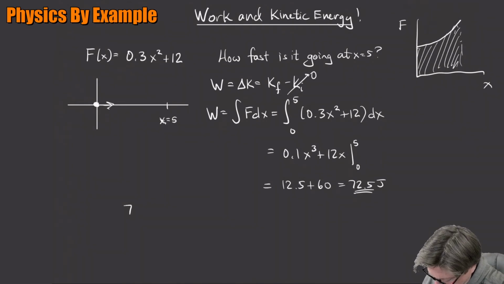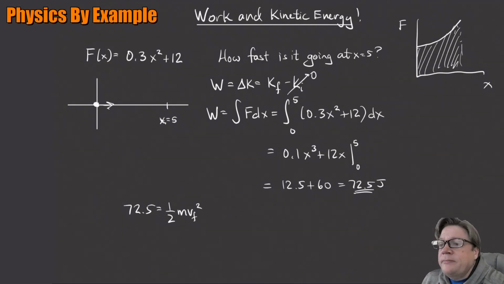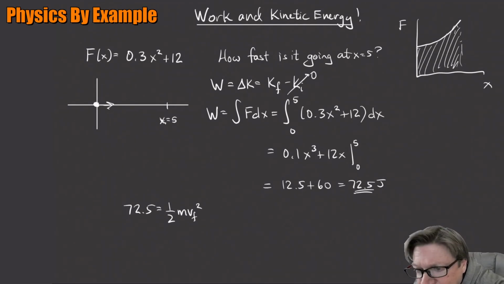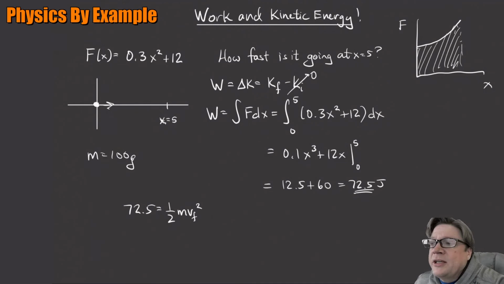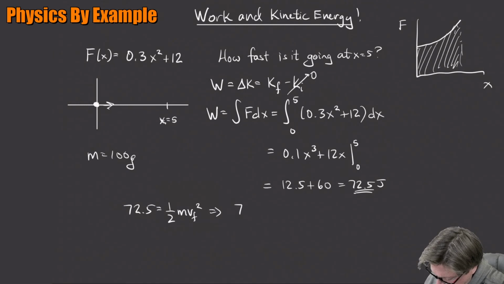So 72.5 is equal to 1/2 m v final squared. Oh, I didn't tell you m. What was m? m is 100 grams. Everything is always in kilograms, meters, seconds, all that. So this is going to be 72.5 times 2 divided by 0.1, and then square root.